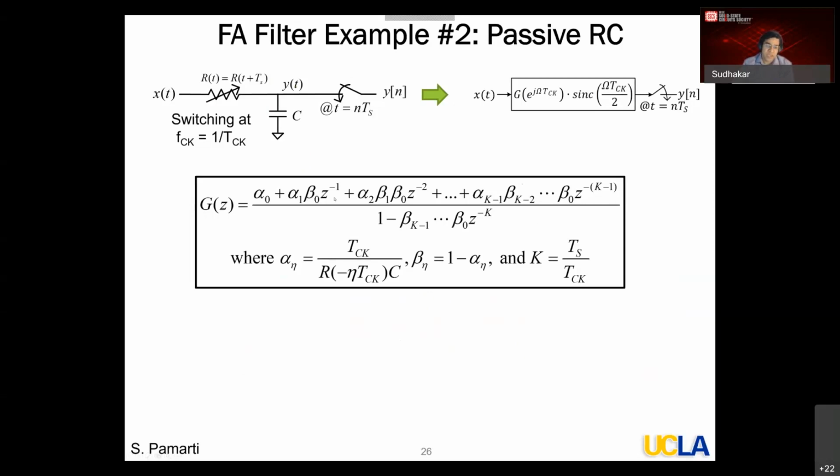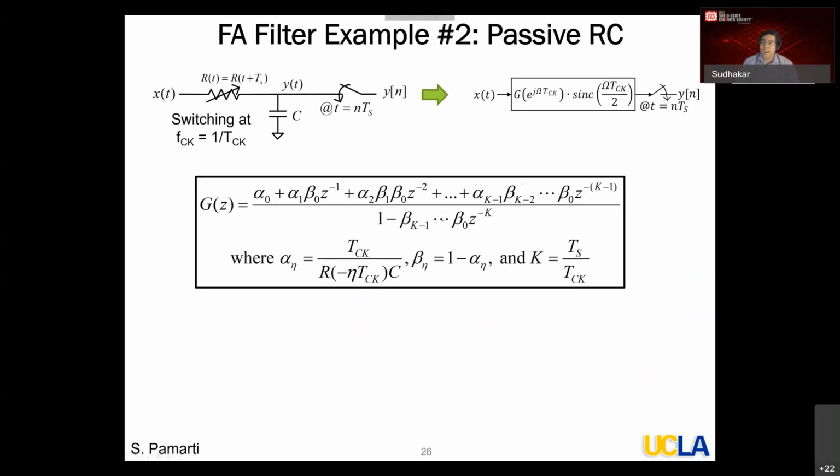Those coefficients are controlled by the rate at which you are changing the resistance value, TCK, the capacitance value, and the resistance value at that time. So by choosing this resistance value, I can control the coefficients of this filter very precisely.